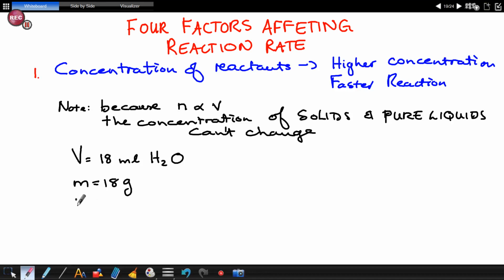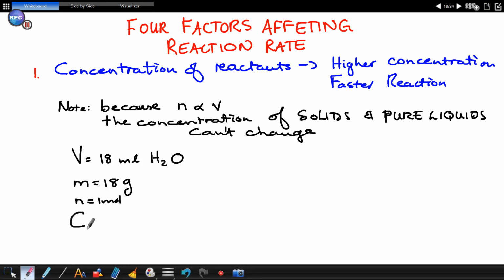You have 1 mole, because the molar mass of water is 18. The beautiful thing about water is its volume and its mass would be the same. So you'll have 1 mole.